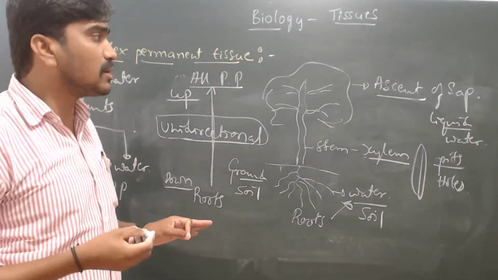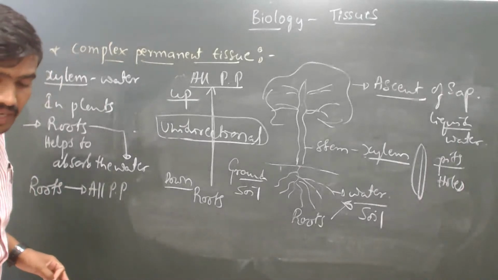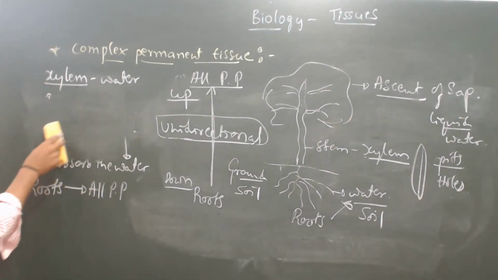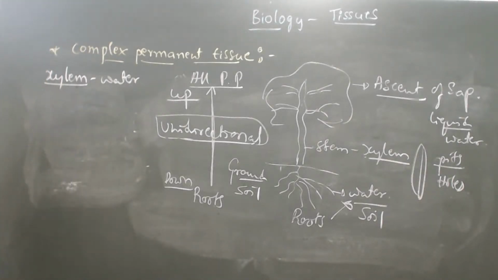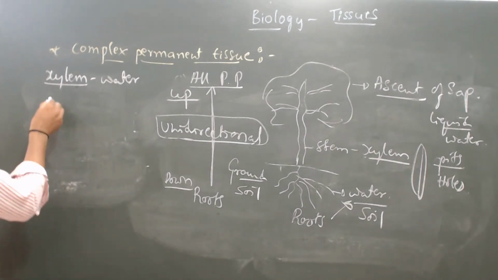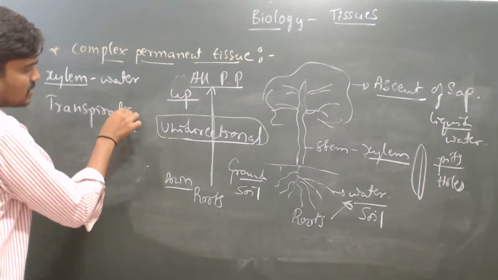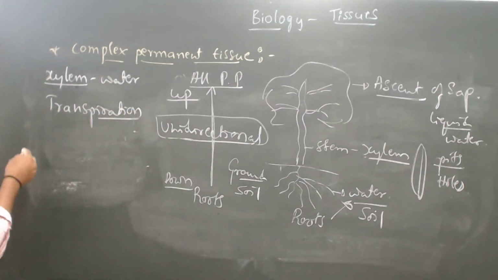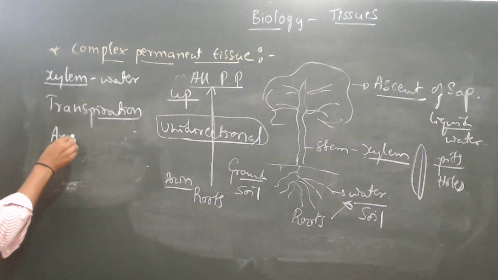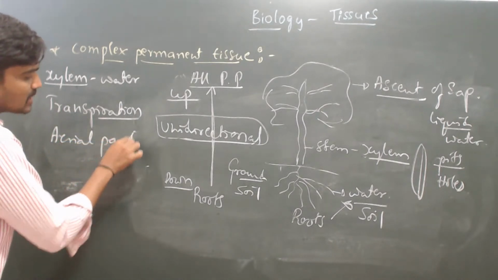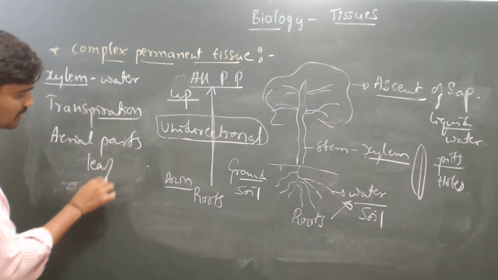Now, yesterday we discussed a process. Which one? Transpiration. Transpiration is a process that takes place in plants. In which parts? Aerial parts. Aerial parts are nothing but leaves.